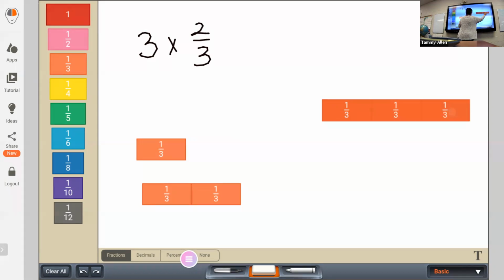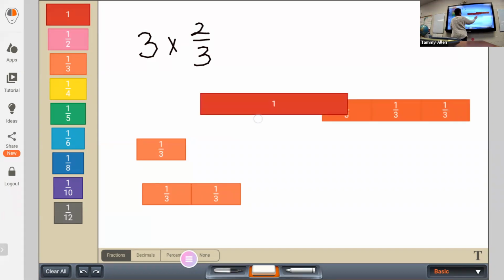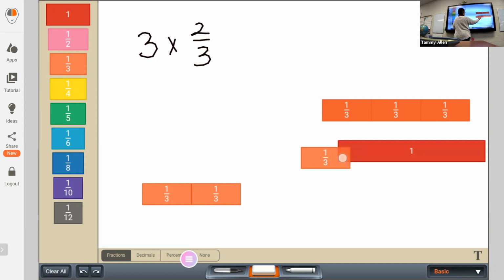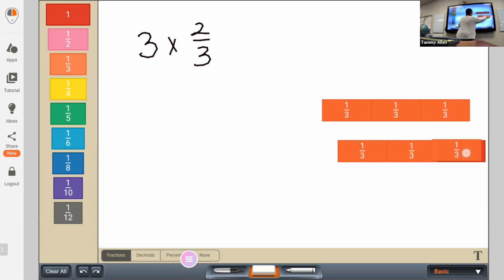There's 1 whole. It equals 2. Does that make sense?